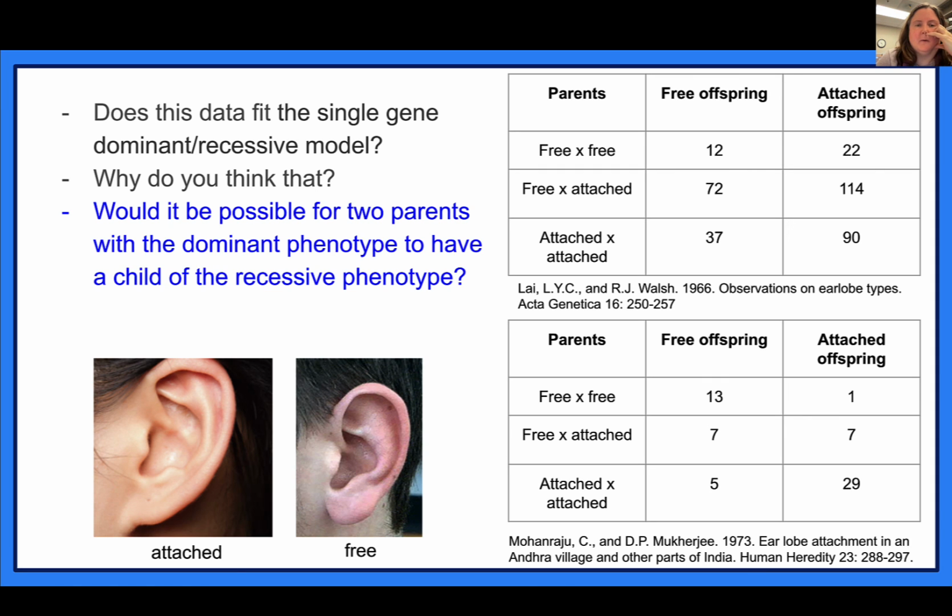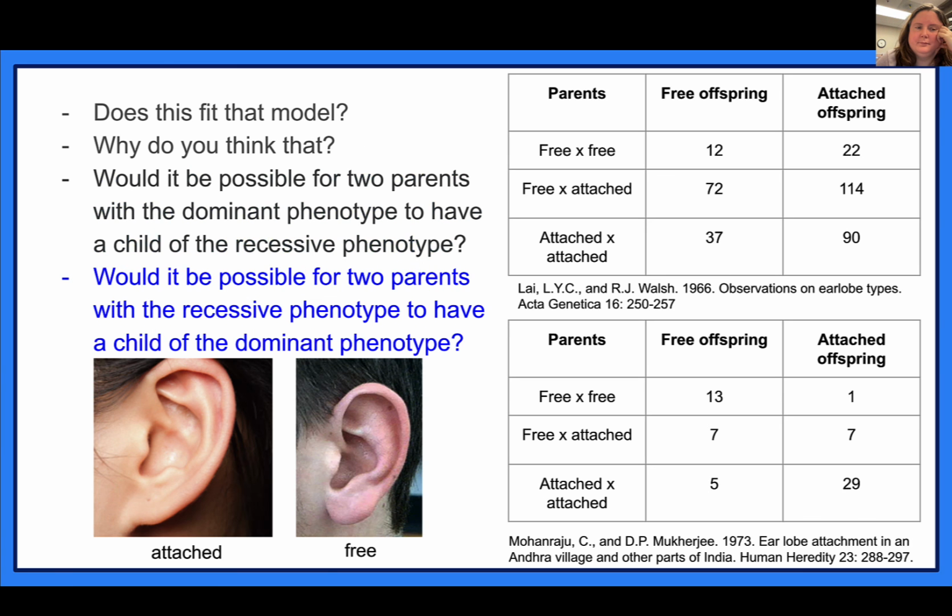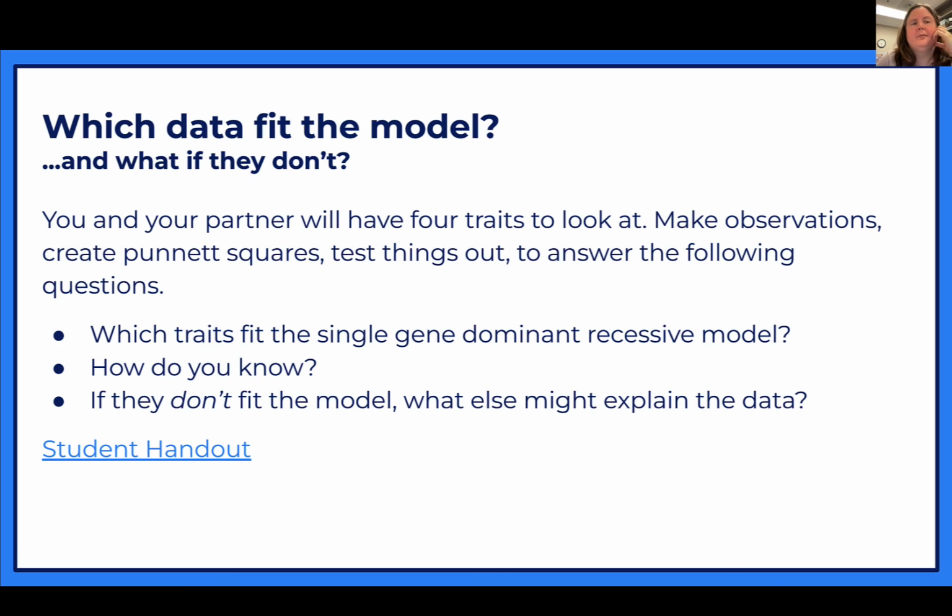So we know what should be dominant by looking at these numbers. You can make some comparisons. Would it be possible for two parents with the recessive phenotype to have a child of the dominant phenotype? All right, so which data fit the model and what if they don't?